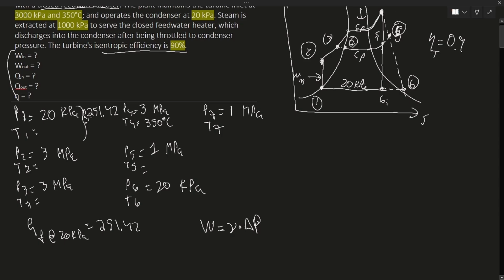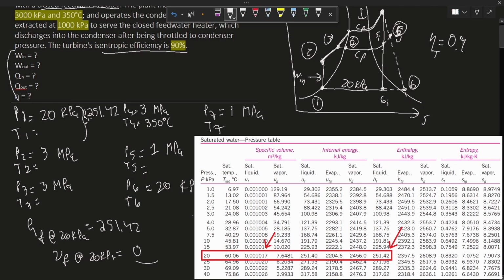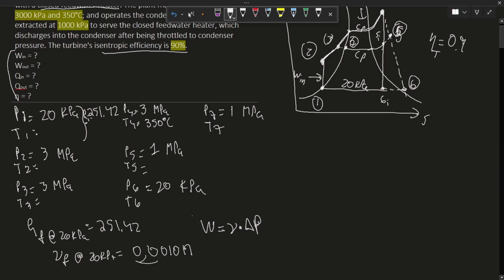So all of these points are at the same pressure. That's why I wrote CP, constant pressure. To find the specific volume, again, you just have to read the tables. We know that point 1 is a saturated fluid. So vf at 20 kPa, reading the tables, is equal to 0.001017.